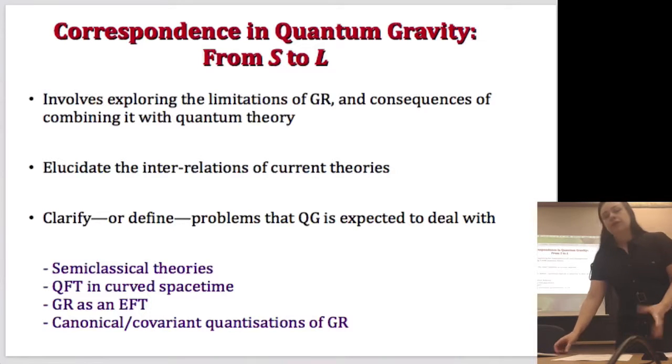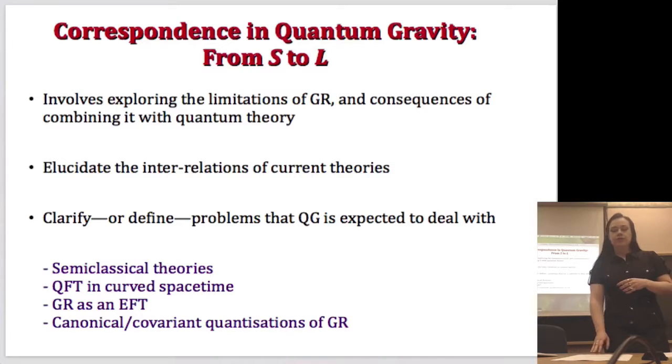Okay, so from S to L, so the old theory, to quantum gravity. We're exploring the limitations of general relativity and the consequences of combining it with quantum theory. And I think this plays a huge role in quantum gravity because it clarifies but even defines the very reason why we're looking for a theory of quantum gravity in the first place.